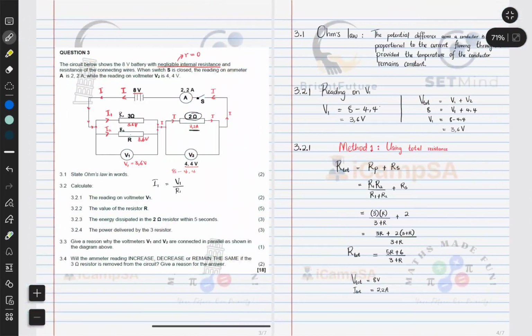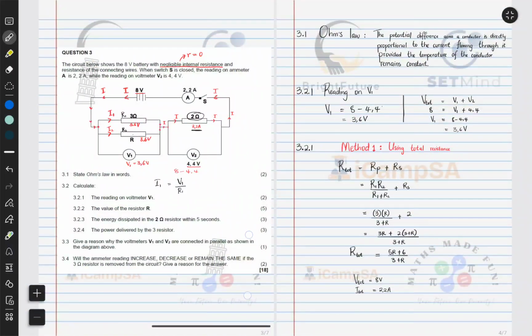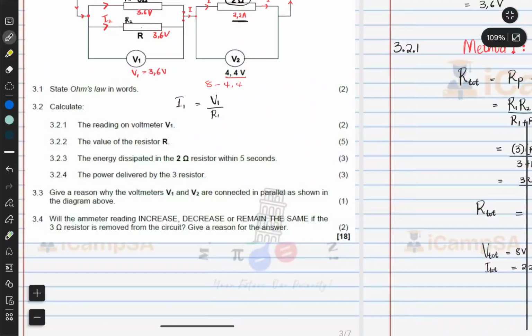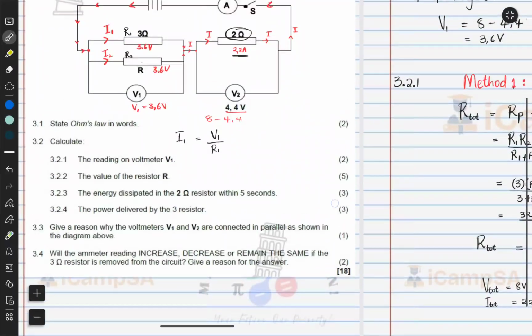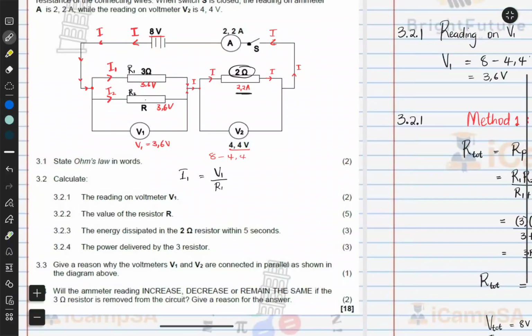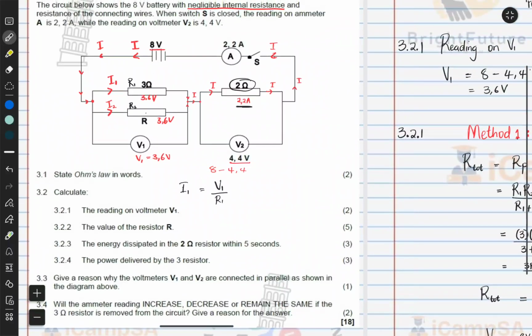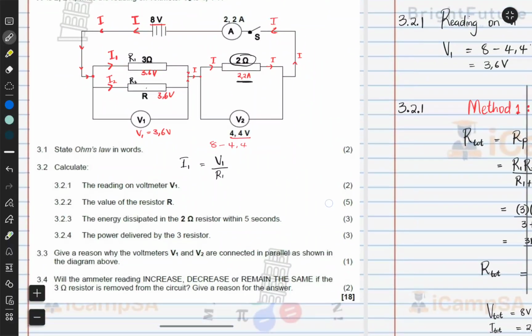Now let's go to 3.4. Will the ammeter reading increase, decrease, or remain the same if the 3 ohm resistor is removed from the circuit? All right.